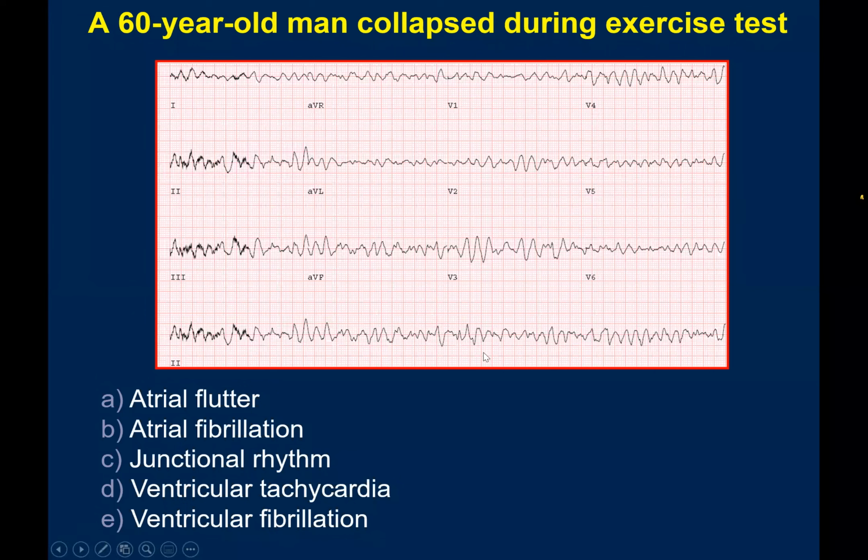As you can see here, there are no distinct QRS complexes, and there are no P waves, and it's hectic. And the patient, of course, will be having no blood pressure. So if the patient is having blood pressure, what could it be? I mean, the patient is conscious, oriented, talking to you. Artifacts.